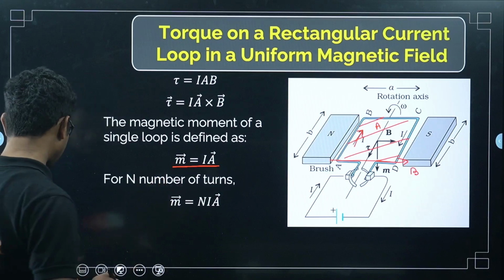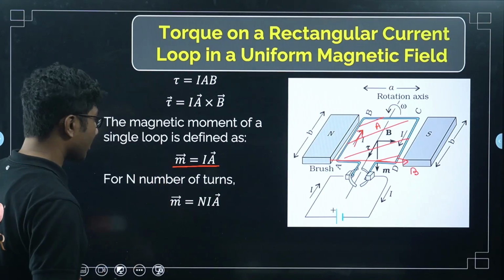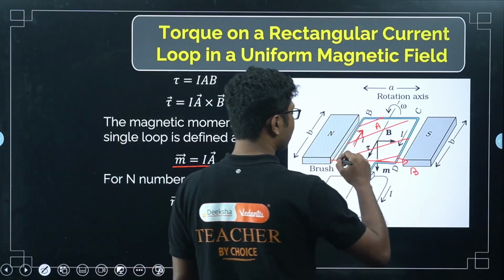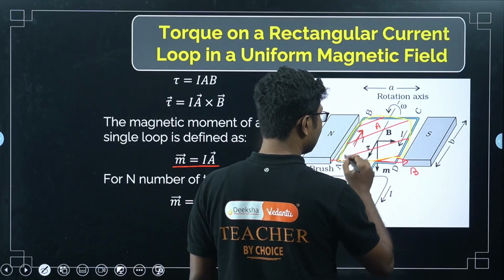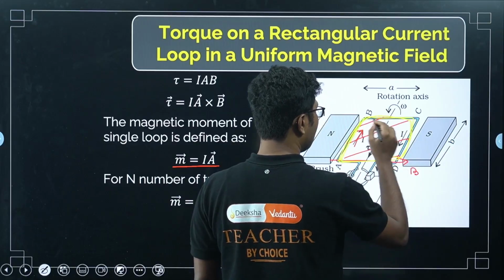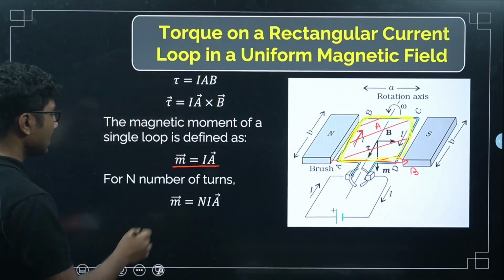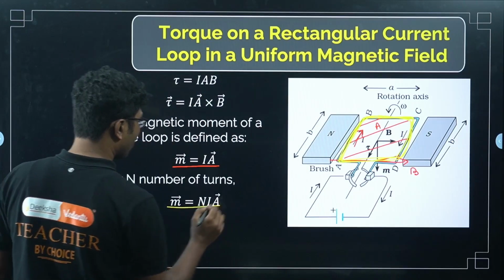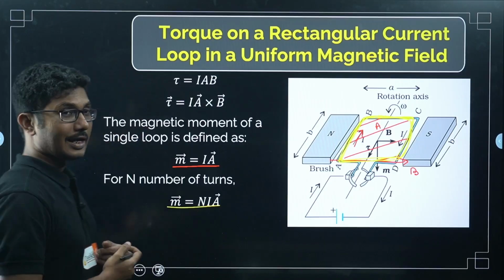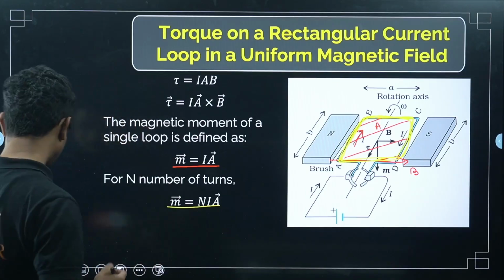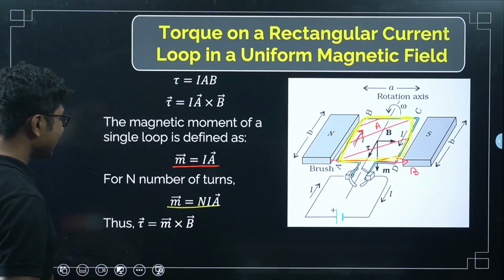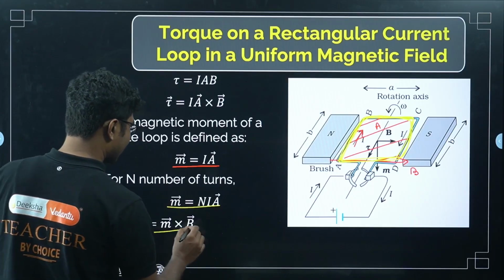You should remember that N is the total number of turns. Here it is only one turn, but in most cases we will actually have multiple turns. So suppose you have N number of turns, then the magnetic dipole moment is given by NIA. Now in this case we can write torque equals M times B.